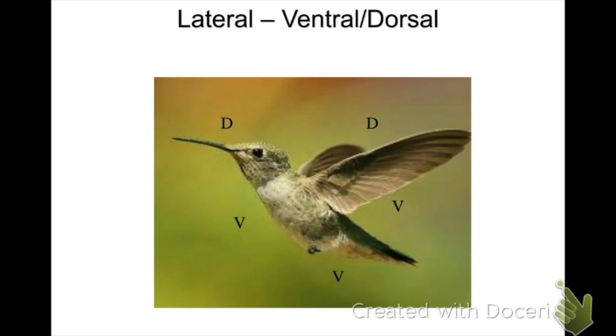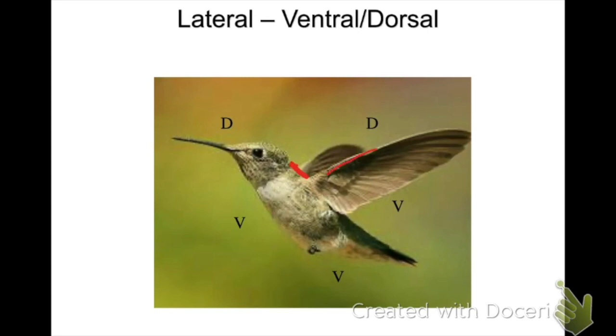Here's a hummingbird, and again, we can use the D and the V standing for dorsal and ventral. So anything that's on the back side of the animal would be dorsal. Even if you're talking about the wing, that's the dorsal side of the wing. Here's the dorsal surface of his back.